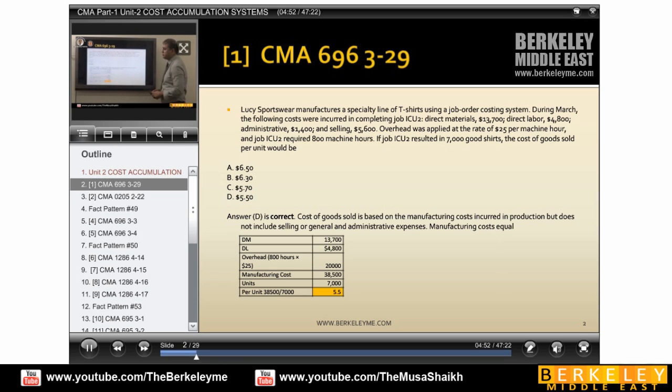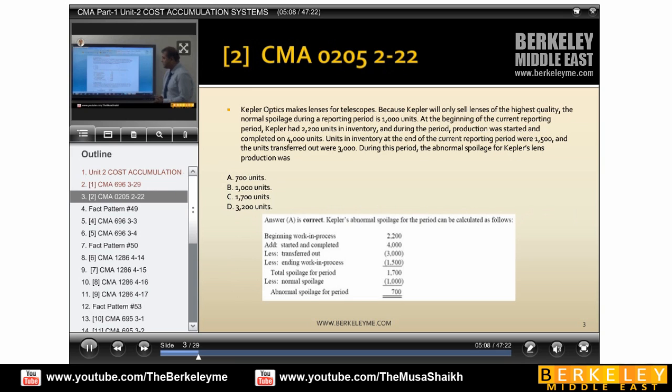So this is related to job order costing. All those students who appeared in this attempt faced one or two questions of job order costing, which is very logical. It starts with DM, DL and overheads. You should just know how to read the information which is relevant. Let's do this question.